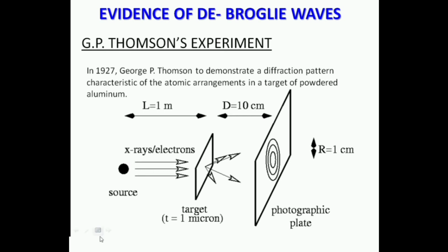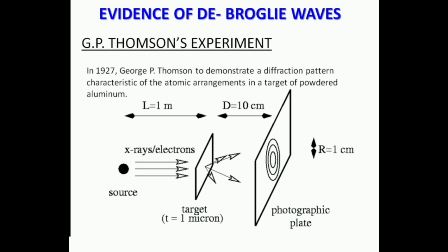This is the target material, which is at a distance of 1 meter from the source. This is the photographic plate or screen, which is at a distance of 10 cm from the target material. The target material has a thickness of 1 micron. What is 1 micron? 10 to the power of minus 6 meters.